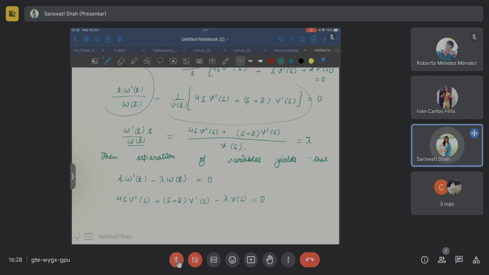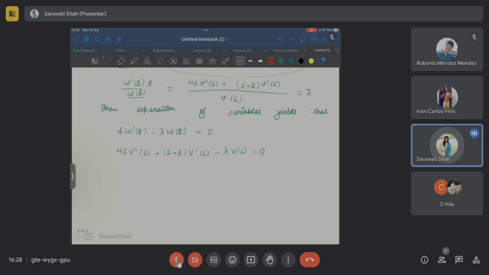I would say that in the case of this, that was the issue. Let me ask you some questions. The answer you already know, but let me ask you. In the case of the Laplacian equation, do you remember that this equation was going to involve the second derivative, and this equation was going to involve the second order derivative? Because of that, we have some restriction on lambda, isn't it?